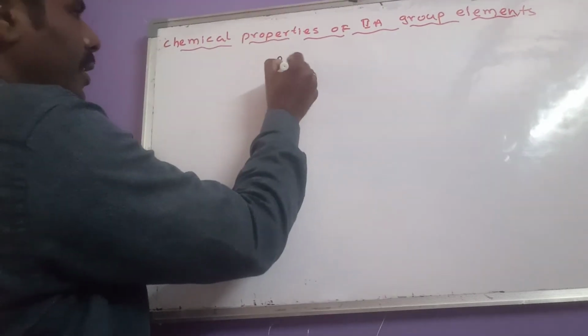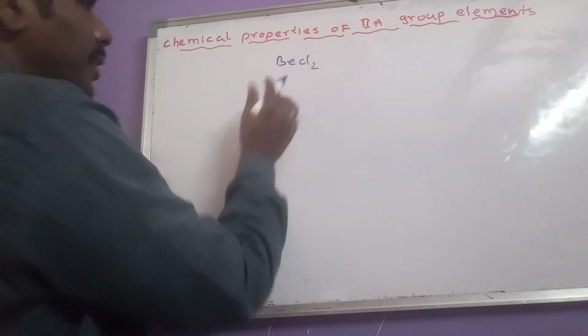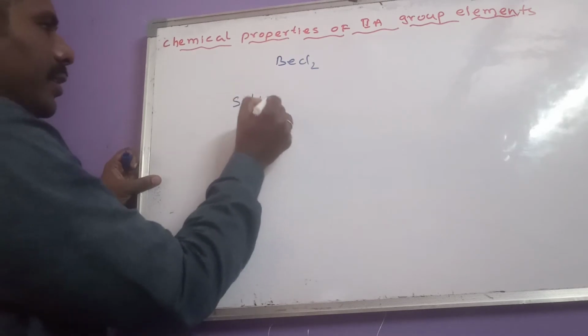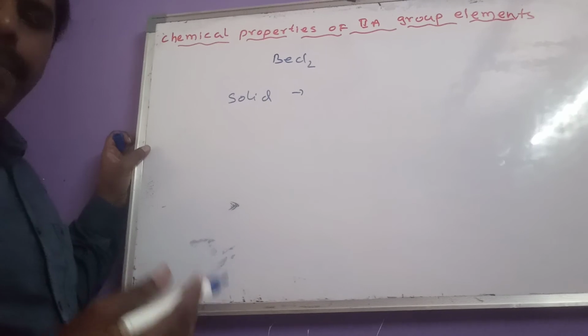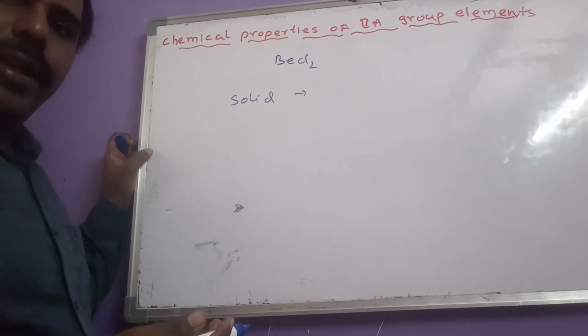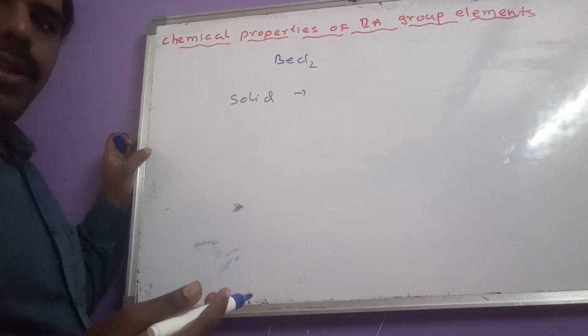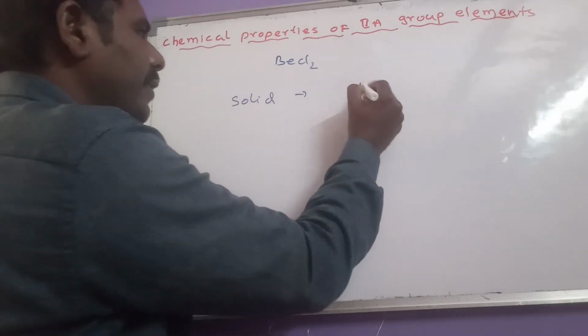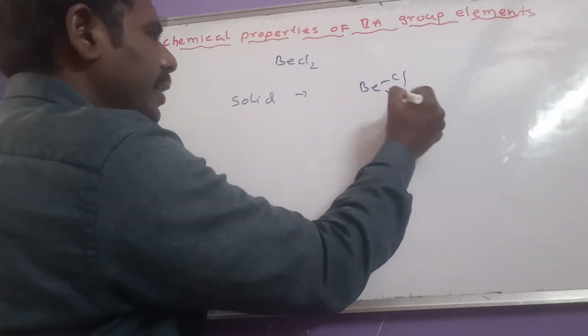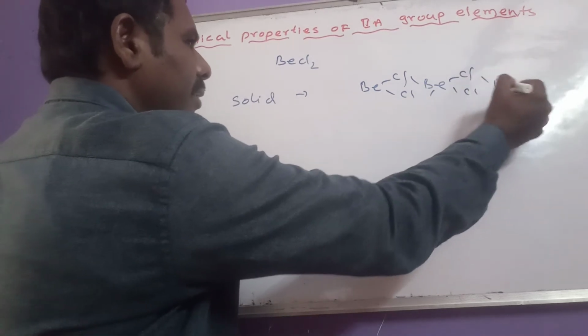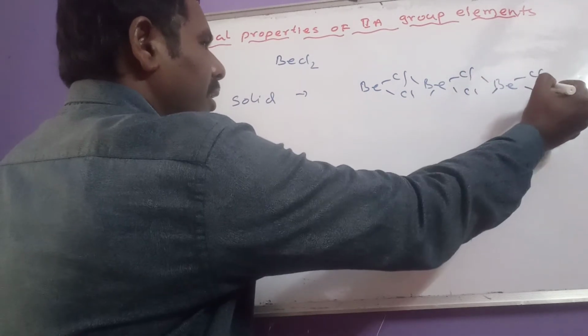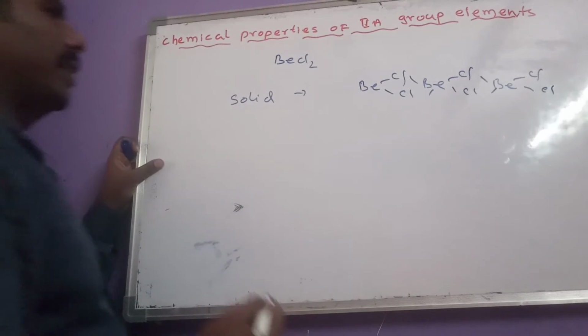Okay, another important thing we have to remember regarding halides, let us see regarding beryllium chloride. In solid state it exists as a polymer. Let us see here, BeCl, Cl, BeCl, Cl, like this, in polymeric structure in solid state.